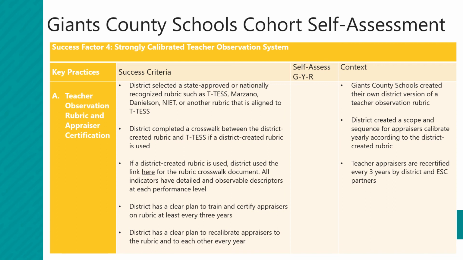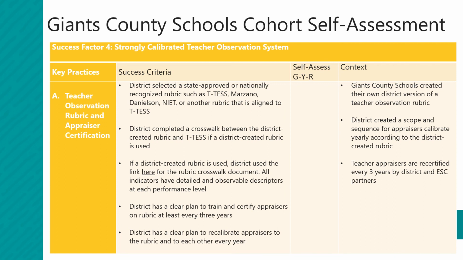However, if you look at the context, all Giants County Schools indicated is that they are using their own district-created teacher observation rubric. So we know it's not T-TESS, we know it's not Marzano, we know it's not Danielson or NIET.